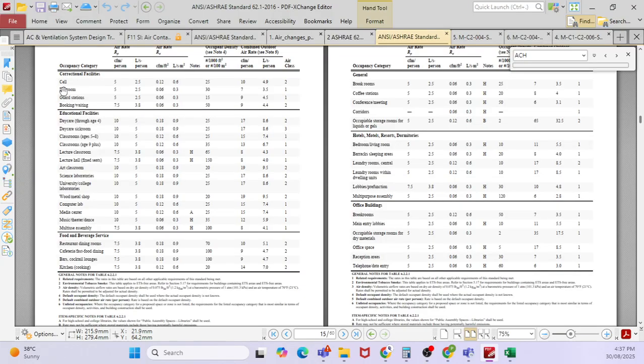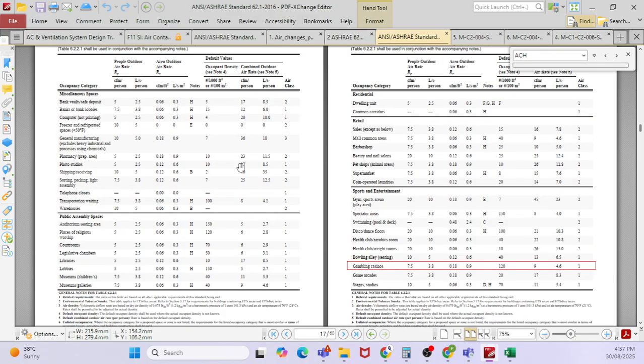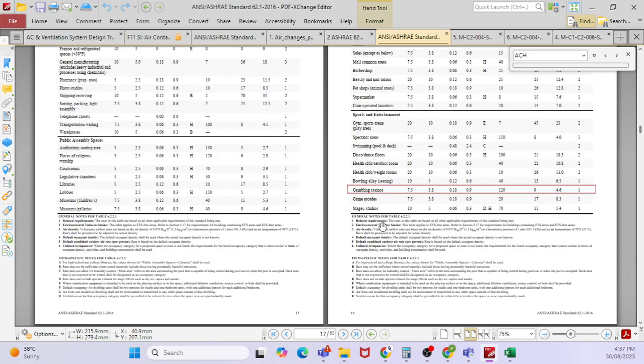You have a cell, day room, daycare sick room, art classroom, restaurant dining rooms, break rooms, bedroom living rooms, office buildings, miscellaneous spaces, public assembly spaces, residential apartment, retail, sports and entertainment.